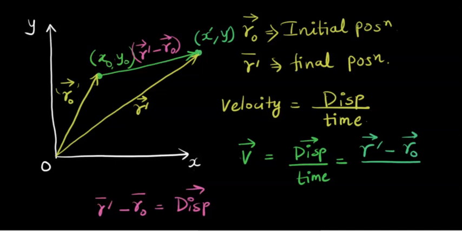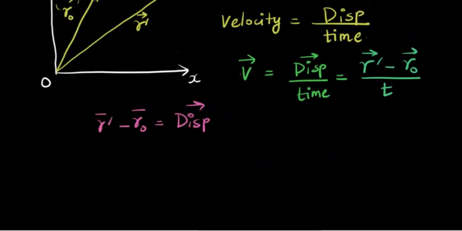So v bar is the displacement vector divided by time. Let's say the time is t. In the time t, this particle moved from r0 bar to r dash bar with a uniform velocity. If the velocity were different at each point, then we would have considered average velocity. But since it is the same velocity at each point, I am taking v bar directly. So v bar is displacement by time.